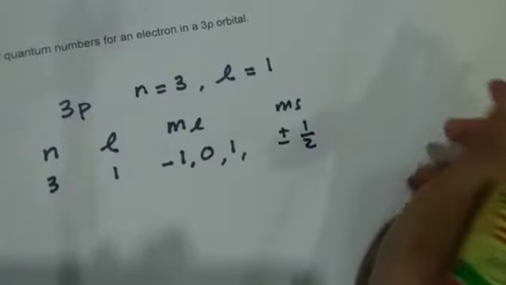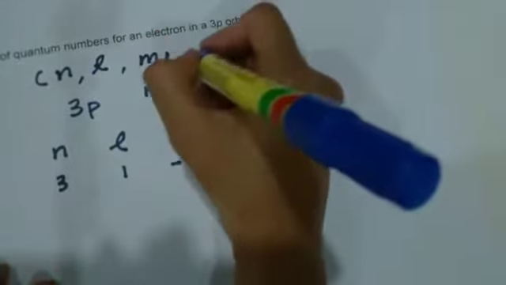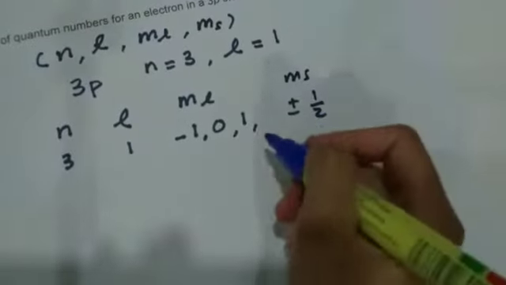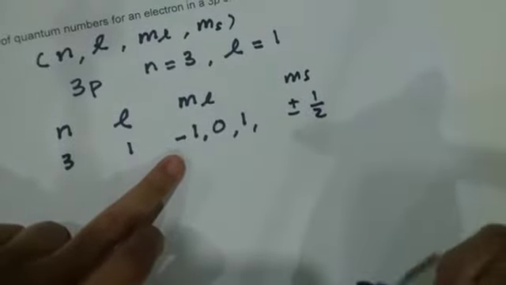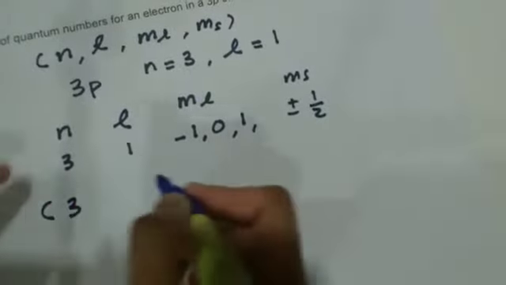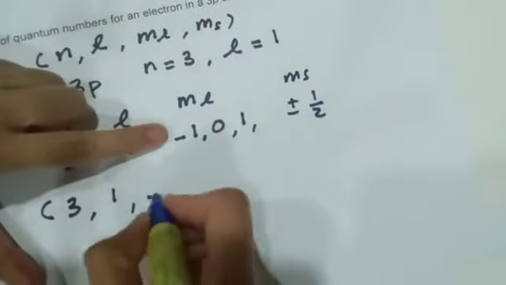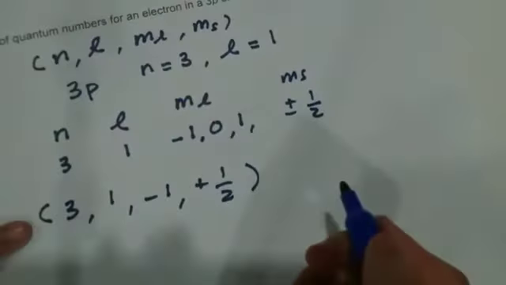If you want to write the set of quantum numbers, it must be in the form of principal quantum number, angular quantum number, magnetic quantum number and also spin. For 3p there are 3 orbitals, so there will be 6 sets of quantum numbers. You write 3 for n equal to 3, the l value is 1, ml is negative 1, and it will be positive half. That is the first electron.